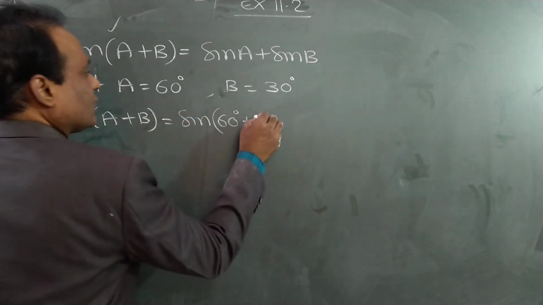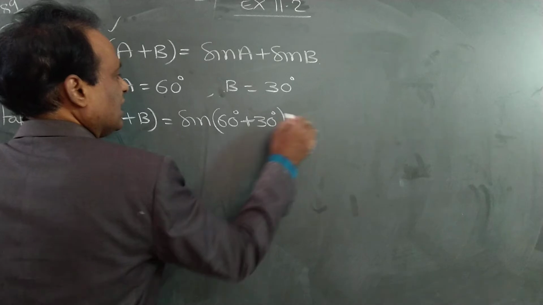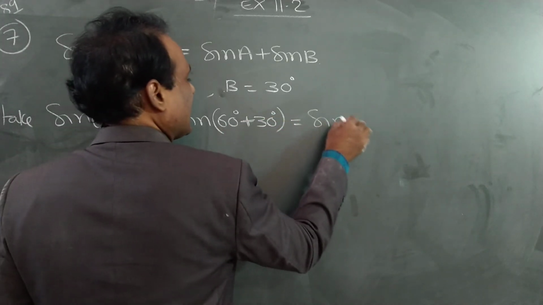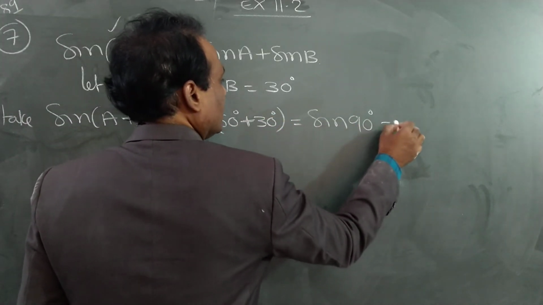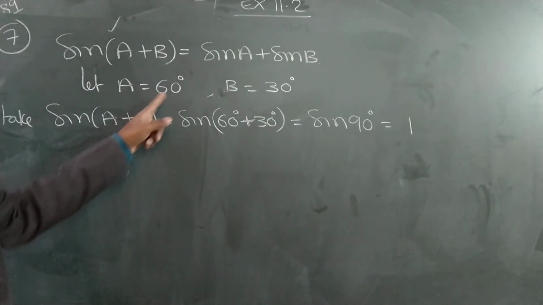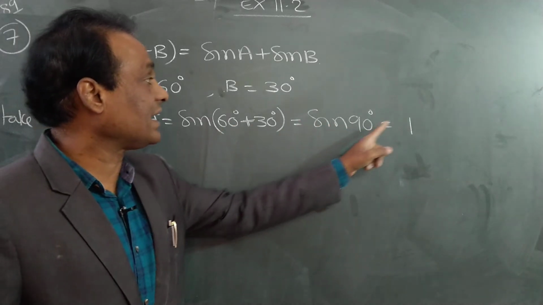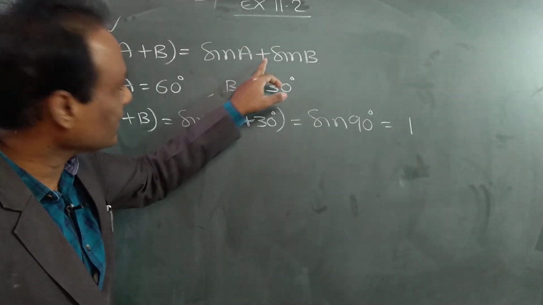B, I took as 30. 60 plus 30 is 90. Sin 90 is 1.